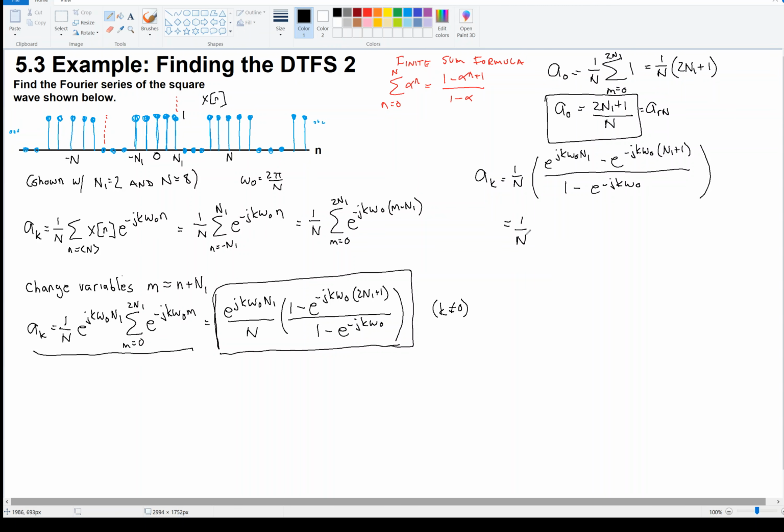So again, this is not something that I would expect you to do, all right? But in the numerator, I'm going to factor out e to the minus jk omega 0 over 2. That's what I'm going to factor out.